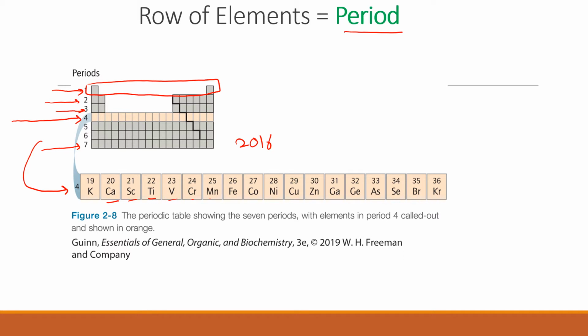Another thing to notice here is this zigzag line in this section of the periodic table. What's the meaning of this zigzag line? This line represents a divide in the periodic table.